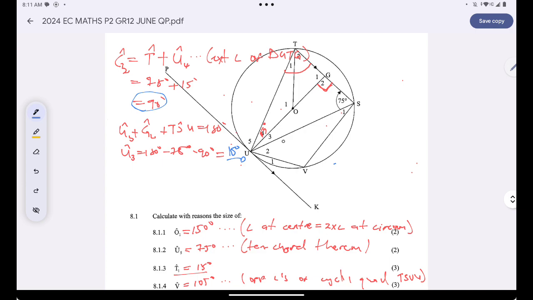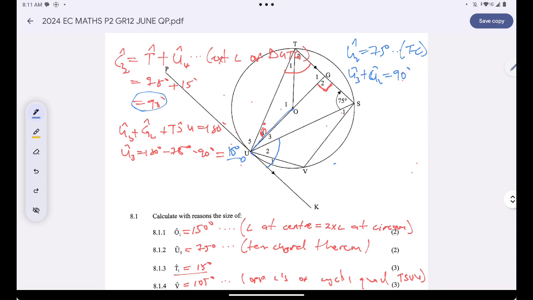Already, guys, we know that this is a tangent. It simply means that if the whole of angle T is 75, that means U2 is 75. Tan chord theorem. I don't have space to write because of tan chord theorem, right? But U3 and U2 are equal to 90 degrees. Why?